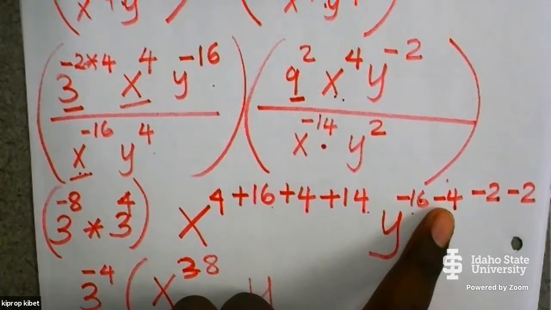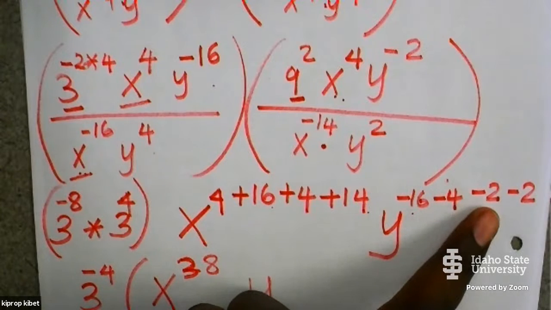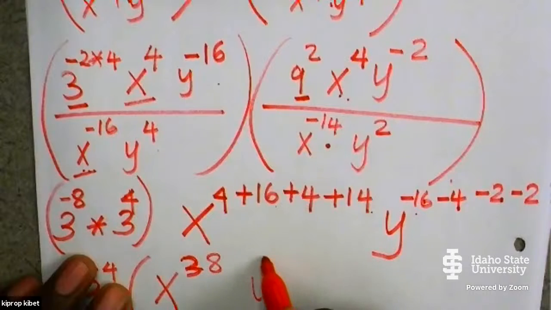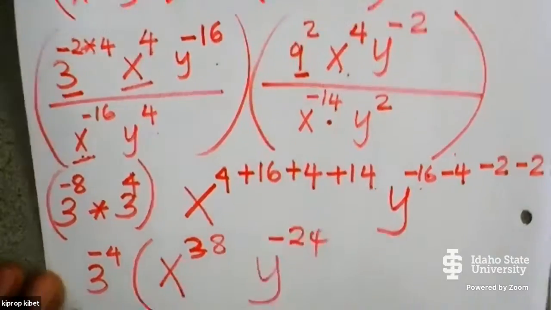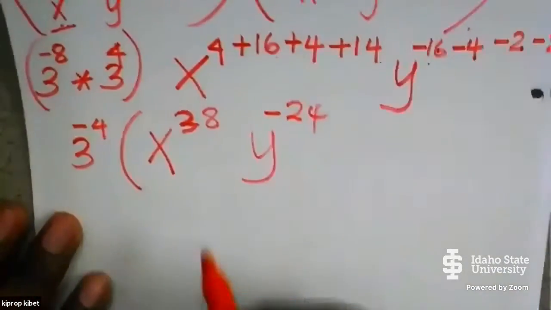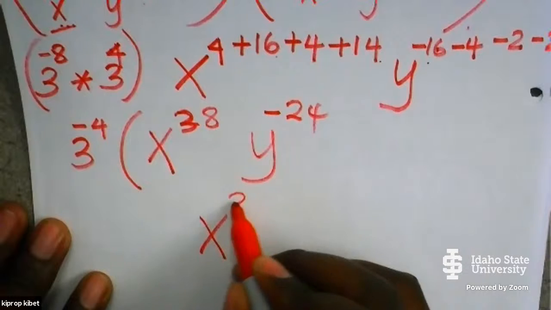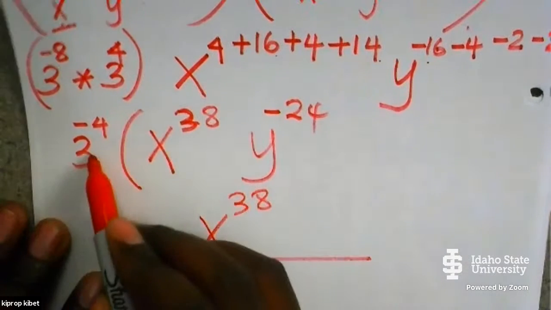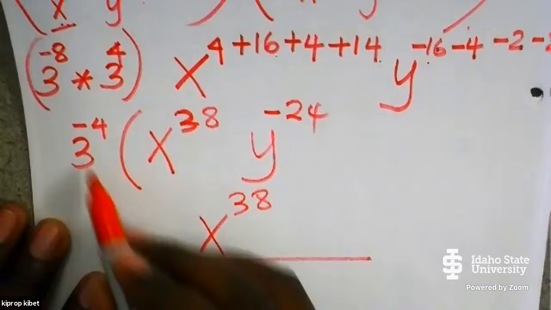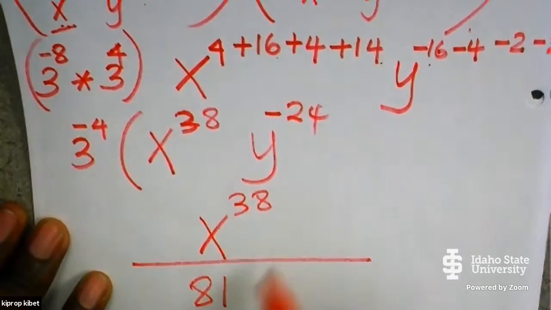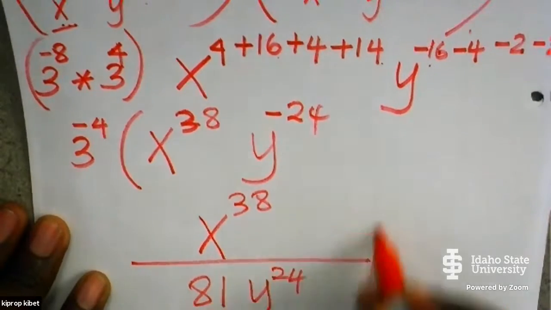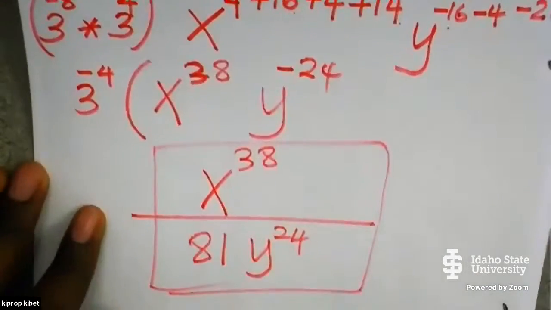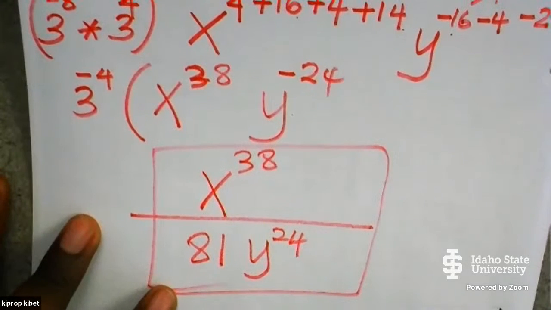Minus 16 plus 4 is minus 12, and minus 12 plus 4 is minus 8. So finally, you can write this one as x raised to 38 all over 81, with y raised to the power. And that was our answer.